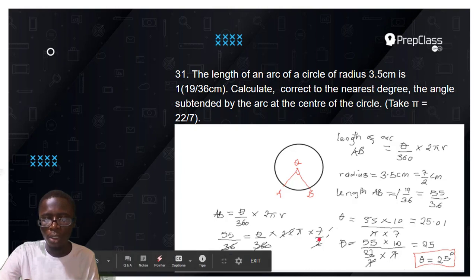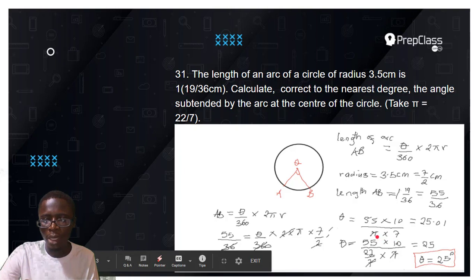So what we need to do now is just to cancel out some values. 36 here cancels, 36 here cancels, and we're left with 10 as the denominator on this right hand side. And 2 here cancels, 2 here cancels, and so we're left with pi and 7 on the right hand side. So this 10 can cross over to this side to be 55 times 10, and this pi and the 7, when divided by both sides, will give us pi times 7 as the denominator here.